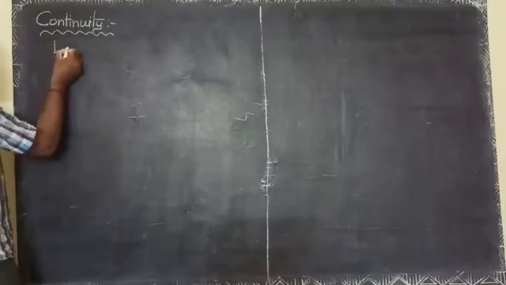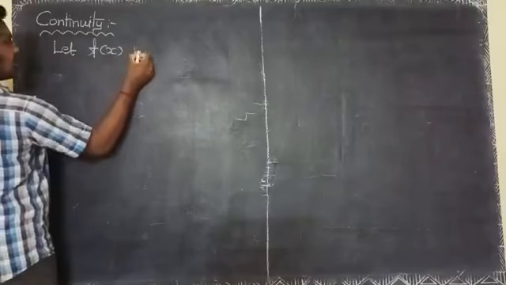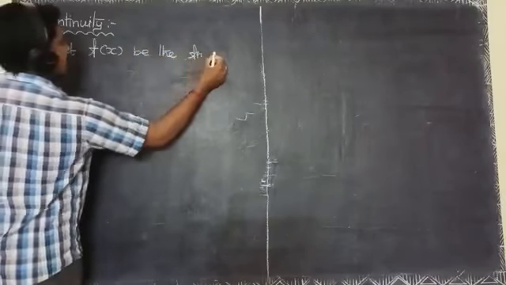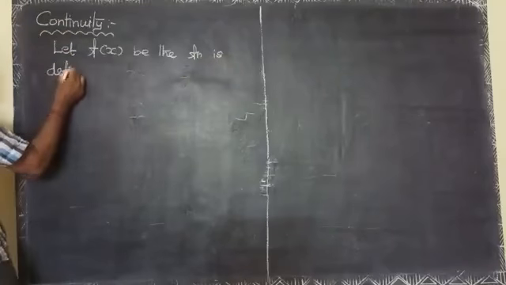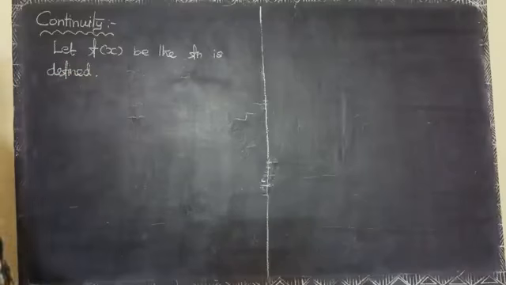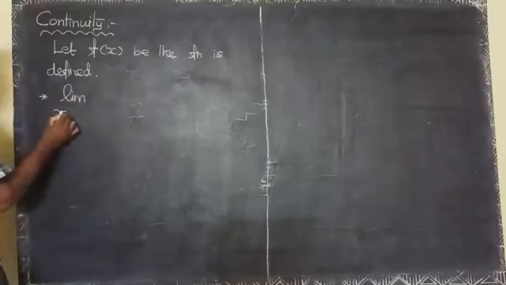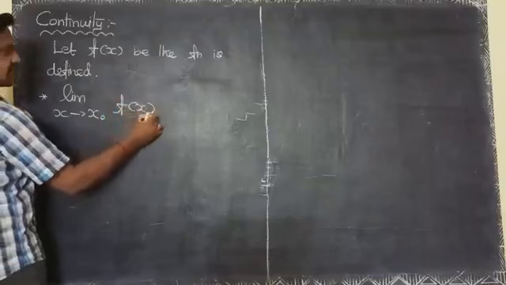Here, let f of x be the function. The function is defined at a particular point, and the limit as x approaches x naught of f of x exists.